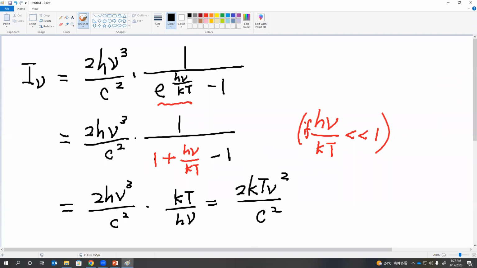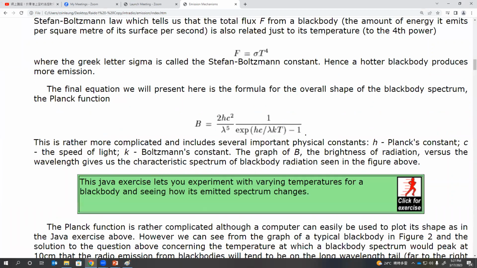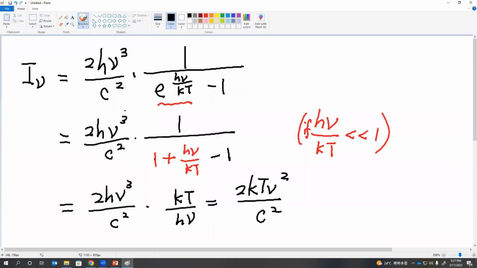Let me make sure I copy it correctly for this Planck function, 2hc squared. Okay, here is another representation.